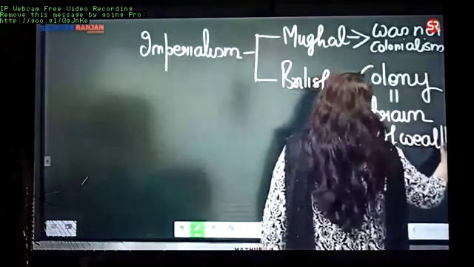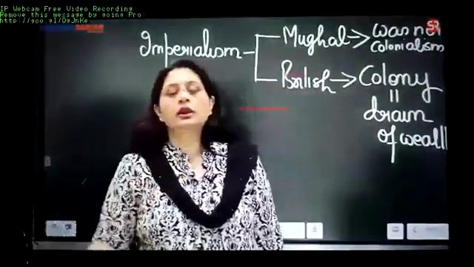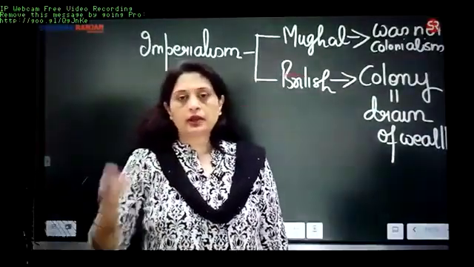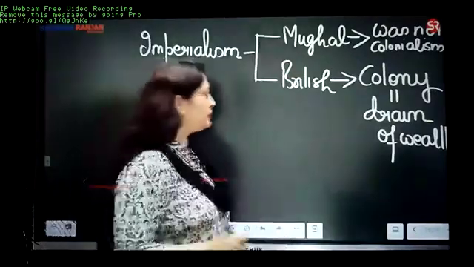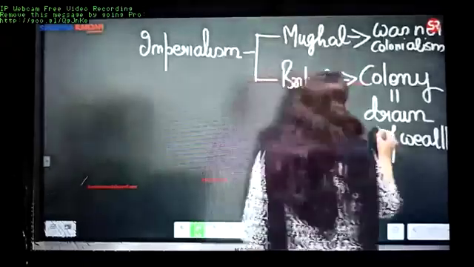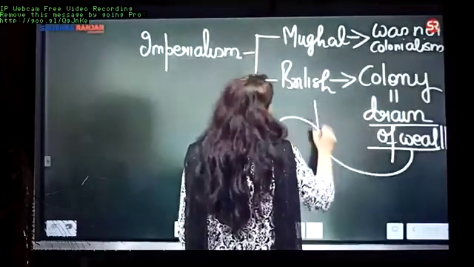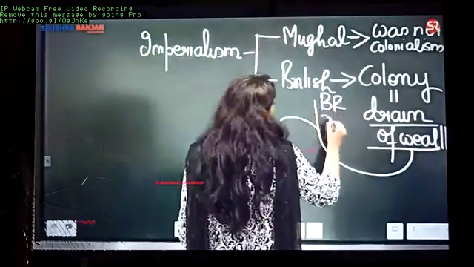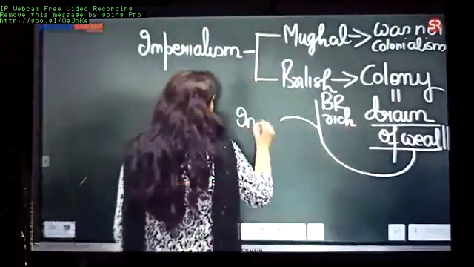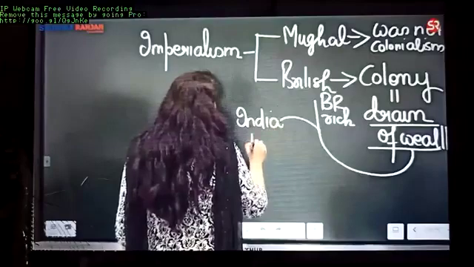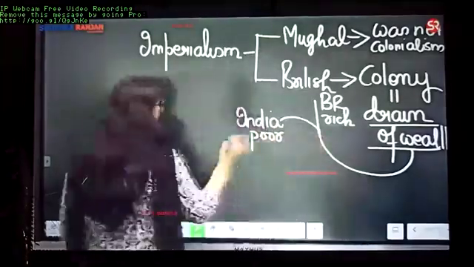So I told you how bacteria makes colony inside our body and sucks the blood. Fine. So same thing. Colony means drain of wealth, which has resulted into what? British becoming rich day by day and India going poor day by day. Okay. So what was happening?